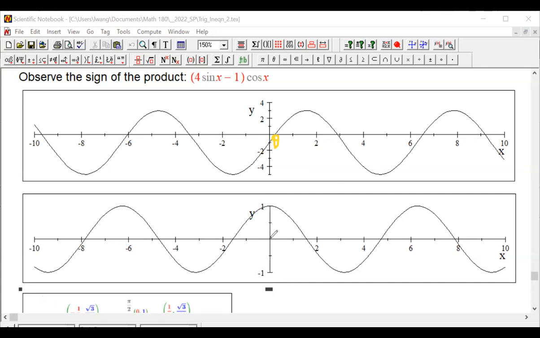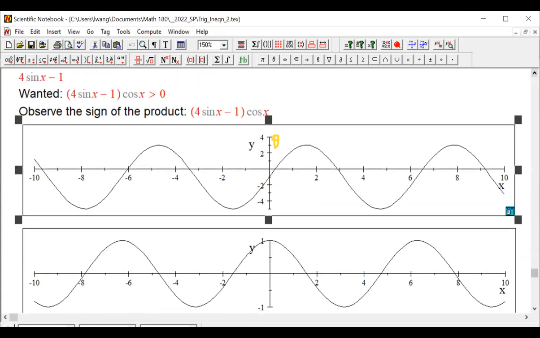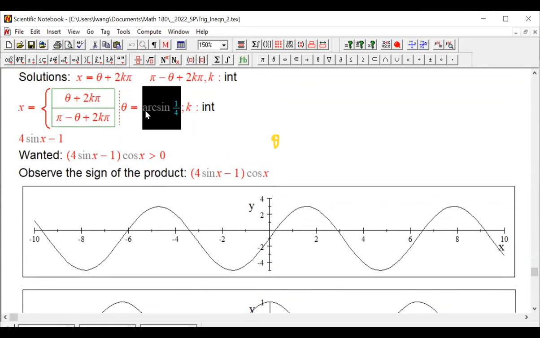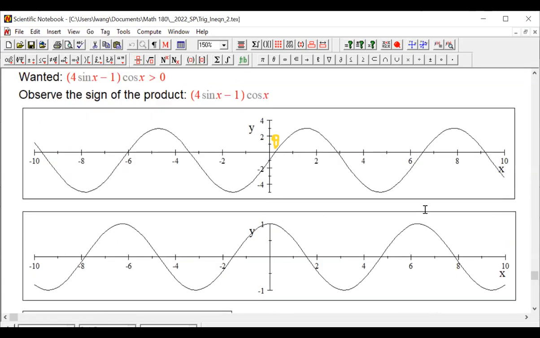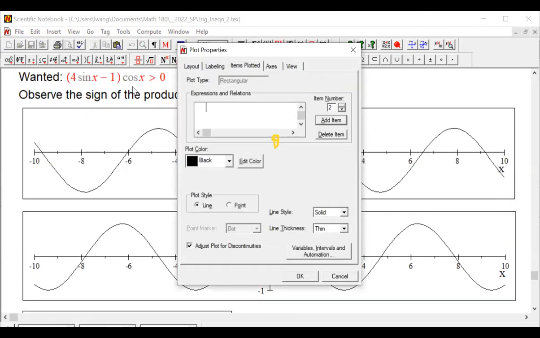So we're going to observe from here to 2 pi. We just look at that part. So I'm going to mark certain points. Where's my theta? My theta is this piece, so I'm going to mark that point on my picture.